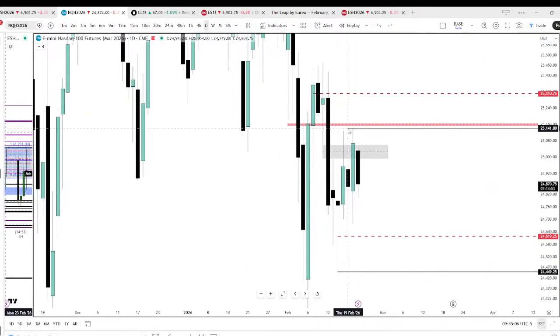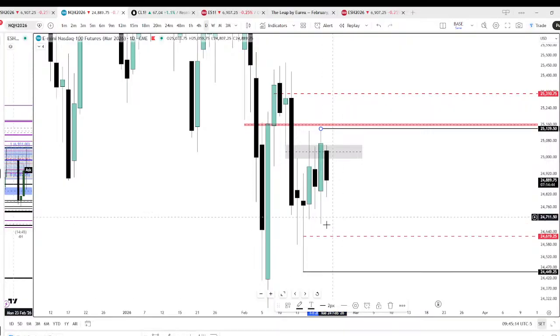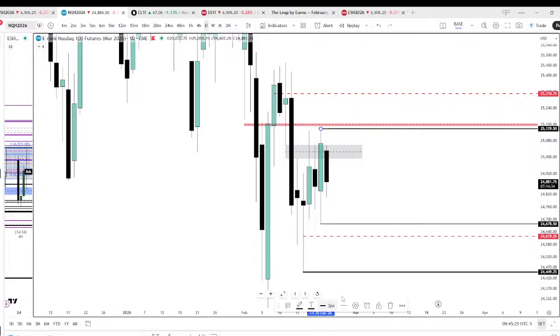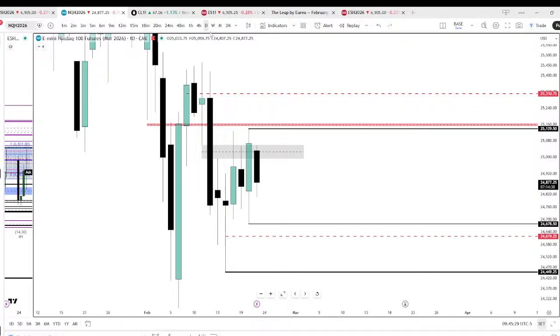So we have our 3-day highs and lows. Keep that at a 2.